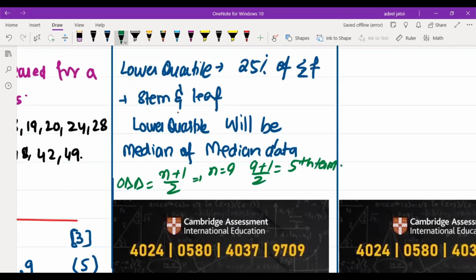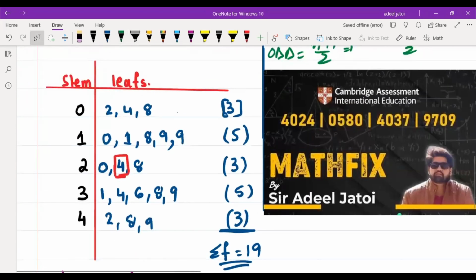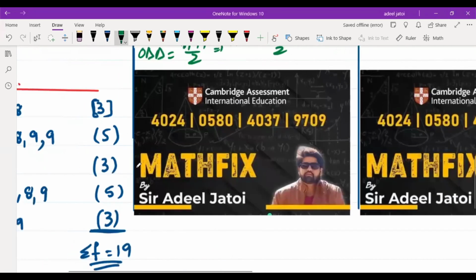This will be your fifth term for the lower quartile, which clearly means 1, 2, 3, 4, 5. 11 will be your lower quartile, because after 11 there are again 4 numbers, then the original median is there. So 11 will become your lower quartile.